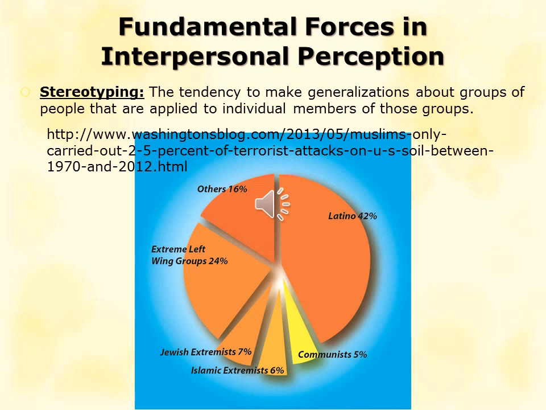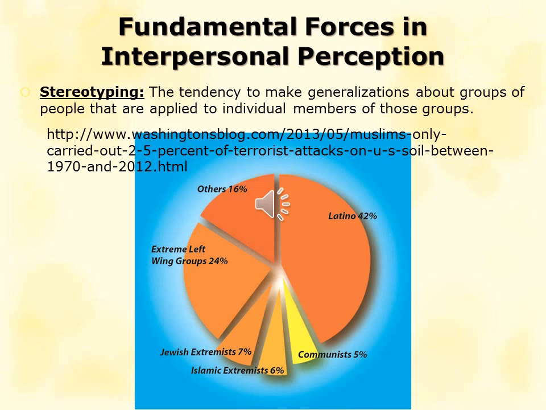The pie chart below is a report from the FBI on terrorist acts committed in the United States from 1970 up to 2012. You'll notice at the very bottom that 6% of the total terrorist acts in the United States were carried out by Islamic extremists.